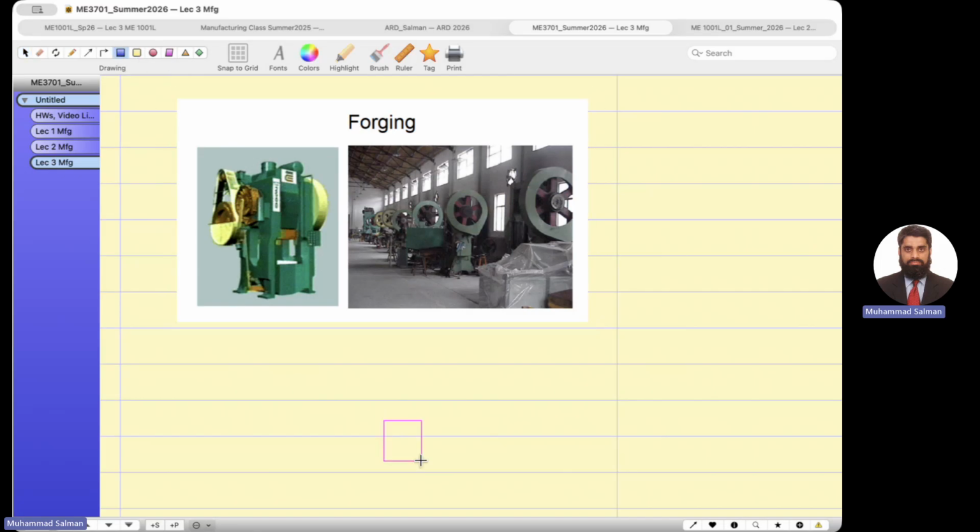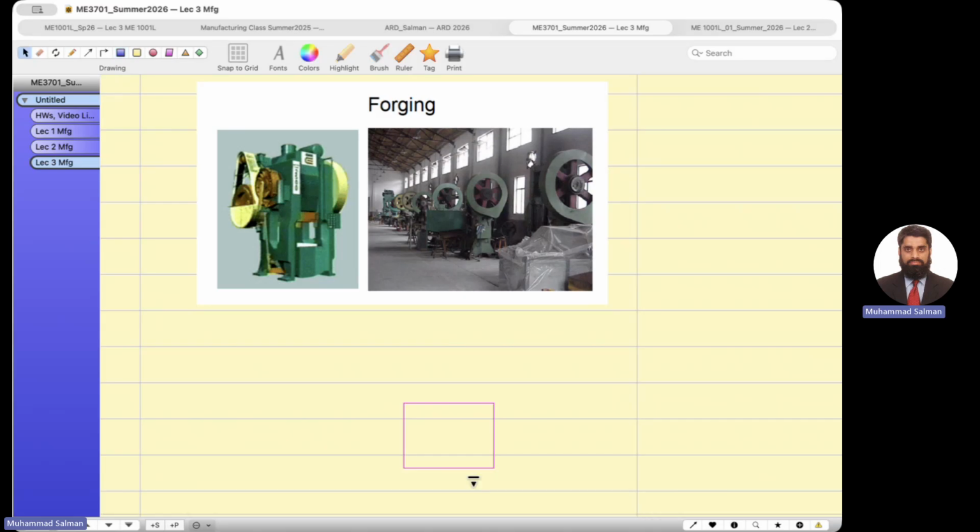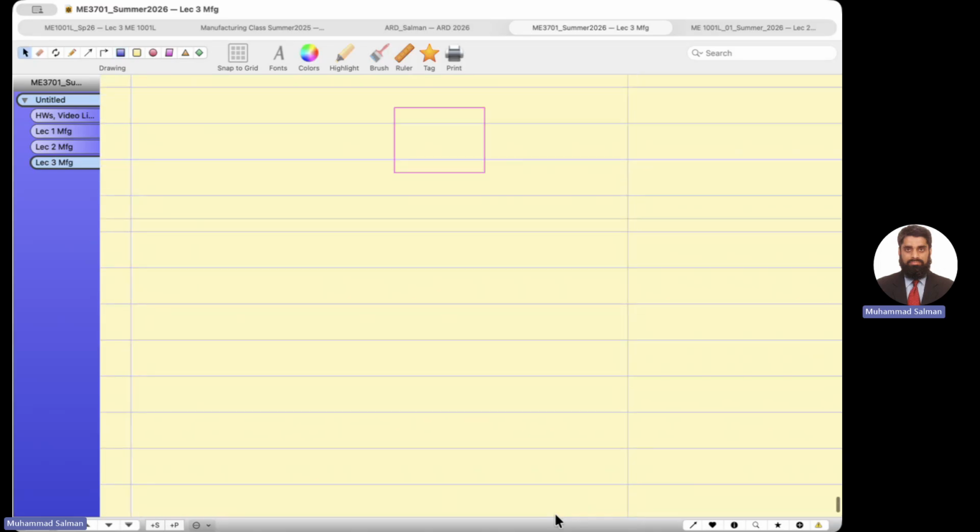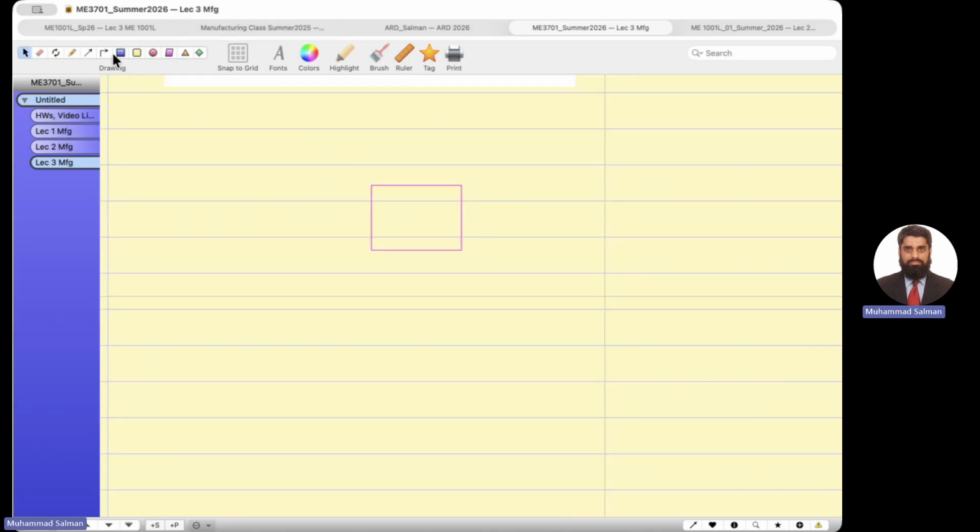I just want to allude to it. Suppose this is my forging piece, I want to forge it. So what will happen? The ram strikes this metal, and this is the table. It comes down with a force, and this is known as open die forging.